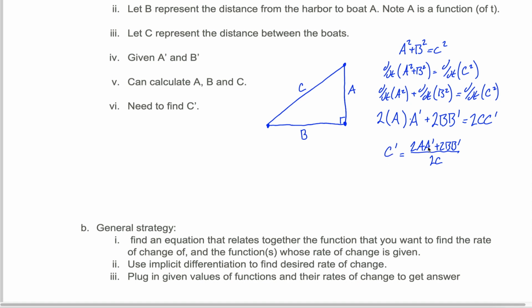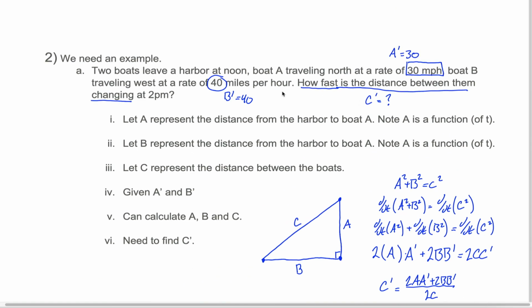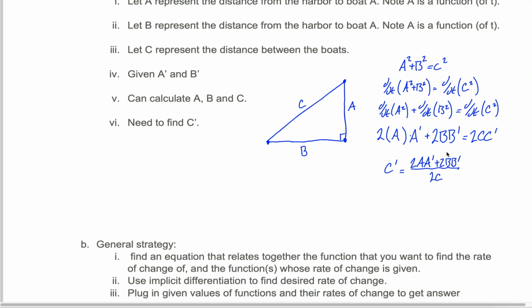Well, yes, but we have a lot of letters floating around here. Some of them we've already identified. A prime is equal to 30, B prime is equal to 40, so that's easy enough. But we also have to plug in for A, B, and C. What are those equal to? Well, without the little prime up here, we're not talking about the rate of change.